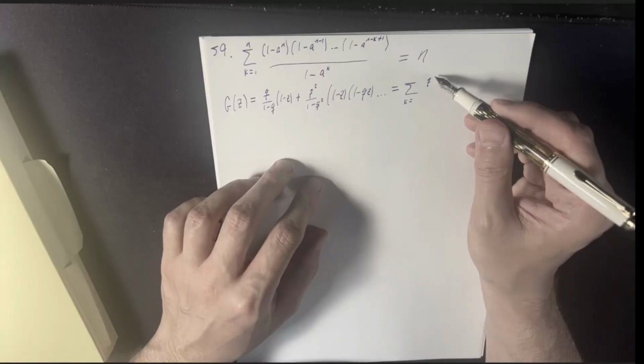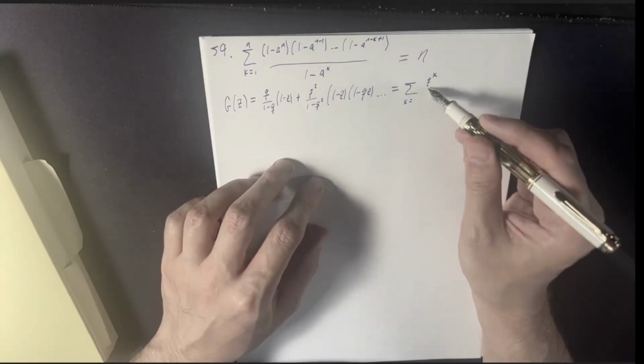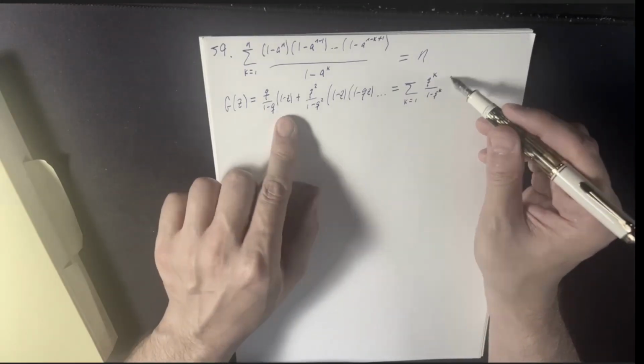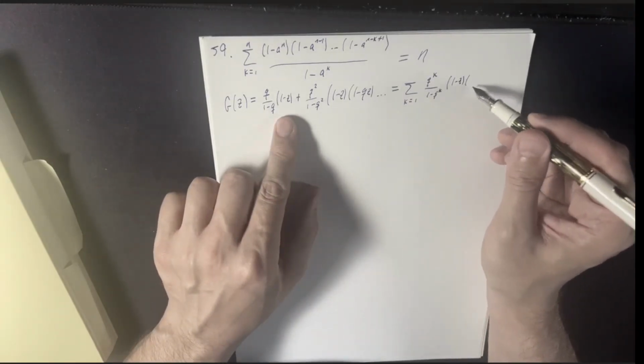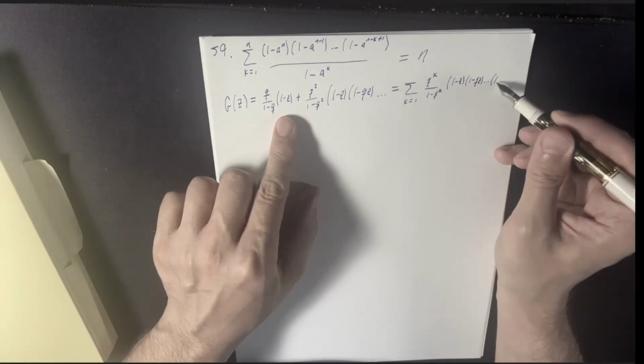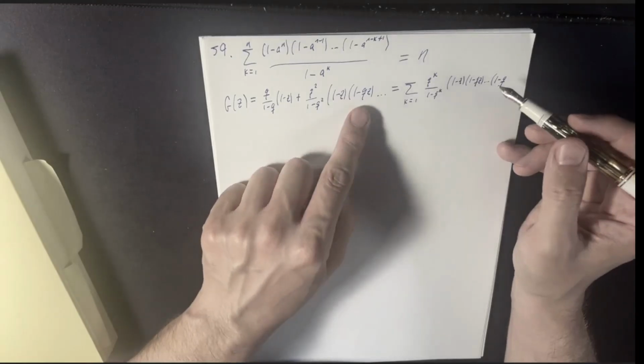I guess I'll just do k. We're going to start at 1. And then the function that's here, you get 1 minus z, but you continue to get these 1 minus qz's up until q to the k minus 1.